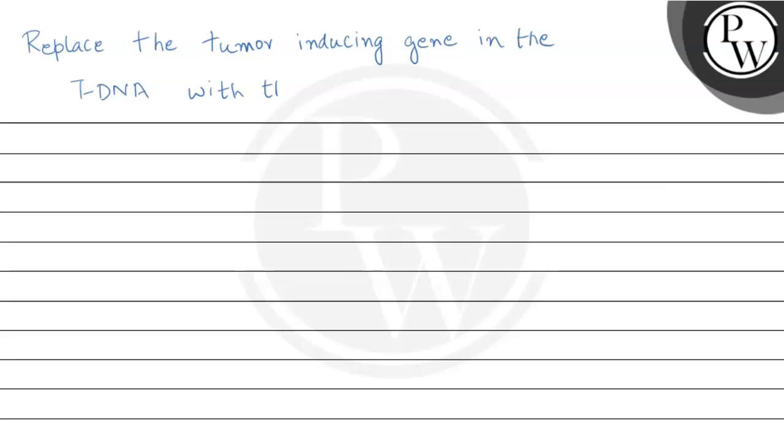So the Agrobacterium that we will get will be a recombinant bacteria because it will have a plasmid which has the tDNA, but the tumor inducing region of the tDNA has been replaced with the gene of our interest.